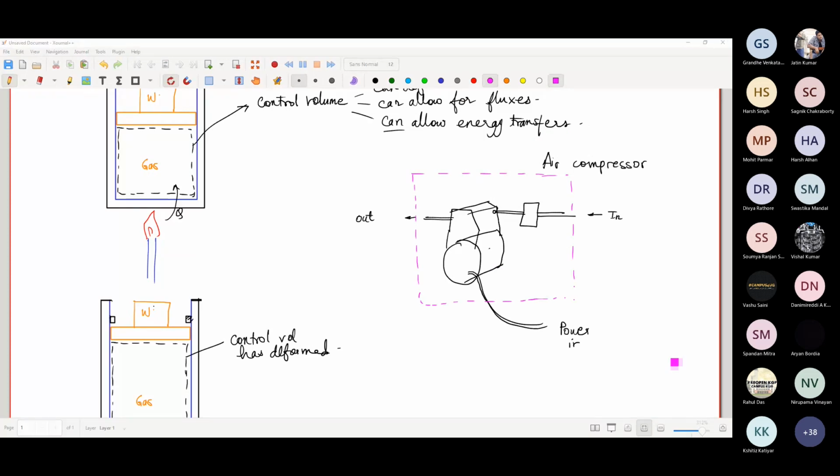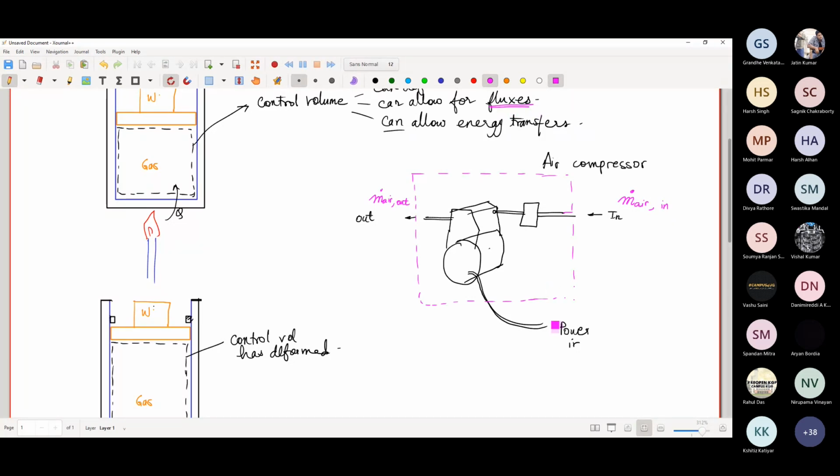So what is going across the boundary? There is some mass flux of air that is entering into the control volume, and correspondingly there is some mass flux of air which is leaving the control volume. So let me call this m dot air out, and let me call this m dot air in. Apart from the fluxes, so this covers the second point that I just spoke about.